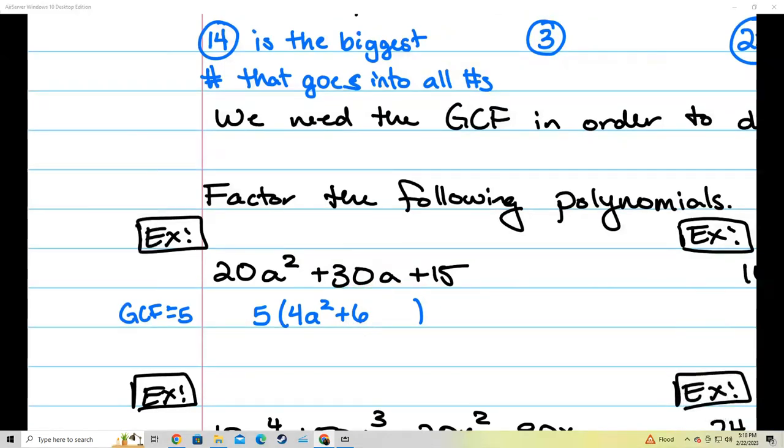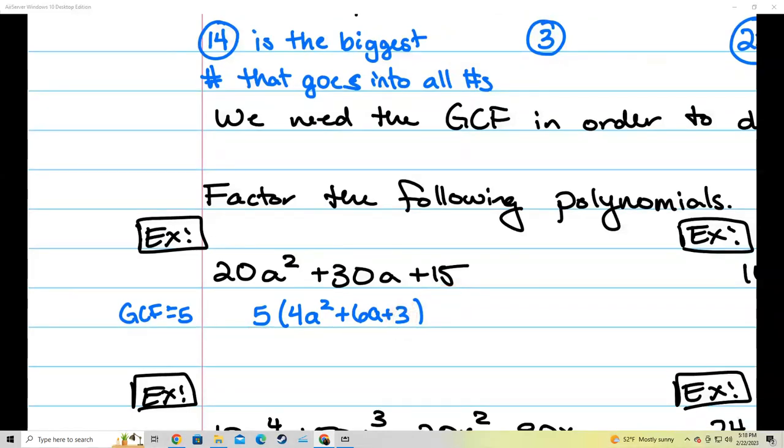I need this to be 6a, so that when I go 5 times 6a, I'm going to get that 30a right back. All right, so the last one is I need to figure out 5 times what is going to give me the 15. Well, I know that if I go 5 times 3, the answer is 15. And in this case, I don't need any a's because I'm trying to get just a regular 15.